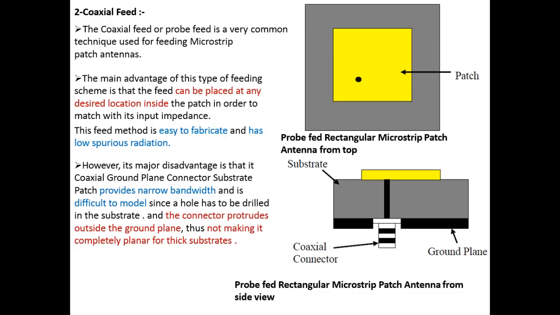However, its major disadvantage is that it provides narrow bandwidth and is difficult to model since a hole has to be drilled in the substrate and the connector protrudes outside the ground plane, thus not making it completely planar for thick substrate. So here coaxial feed diagrams are shown in this slide.